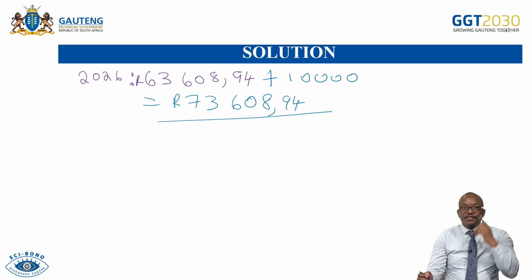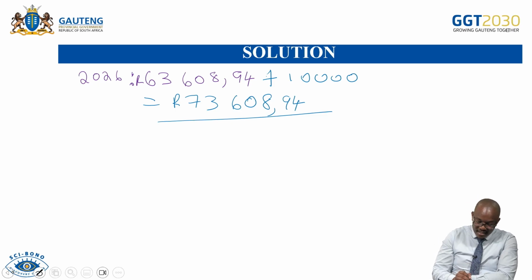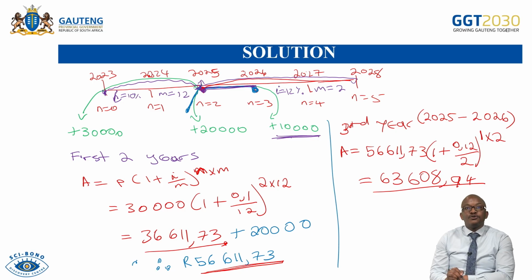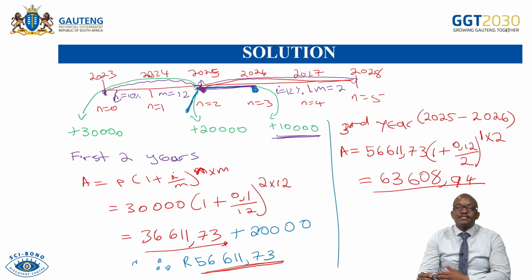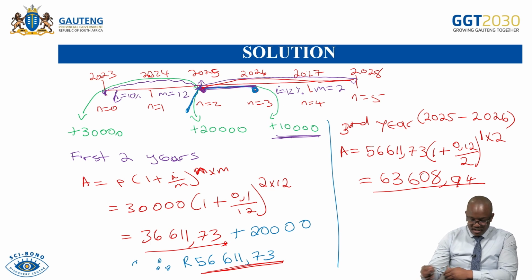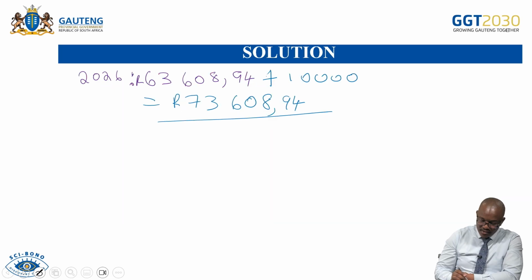That is the amount that you will be having in 2026. So from 2026 to 2028, there is no money that is deposited. It means there are 2 years remaining. So for the last 2 years now, we are still going to see our last 2 years.